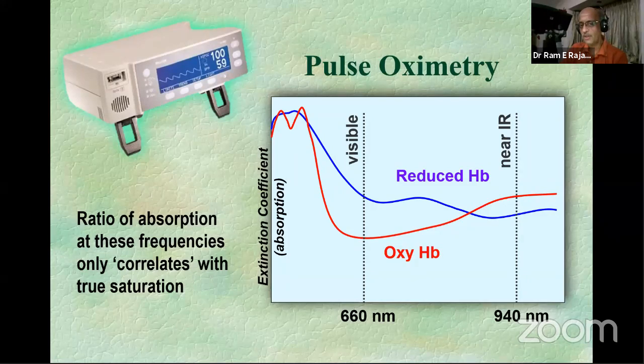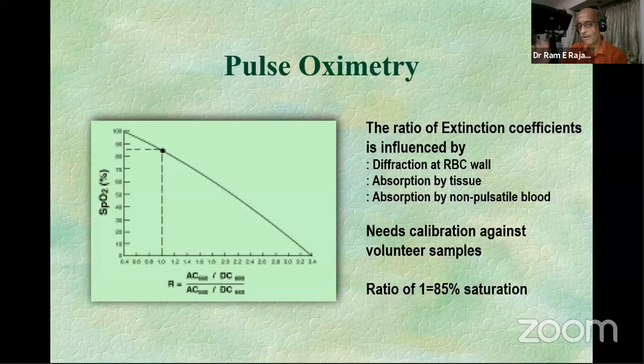So as a consequence, most pulse oximeters are not based on an absolute measurement, but on a ratio of absorption of light at two different frequencies, from which you can derive the saturation of oxyhemoglobin by measuring it against a sample group of patients. Usually they take a large number of volunteers and look at the association between the oxygen saturation directly measured through co-oximetry and the ratio of absorption that you get on the pulse oximetry.